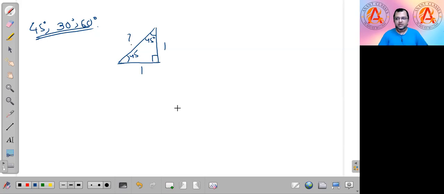What will be this value? Can you calculate by Pythagoras? What will be the hypotenuse? No, hypotenuse is not 4. Square root of 1 square plus 1 square.